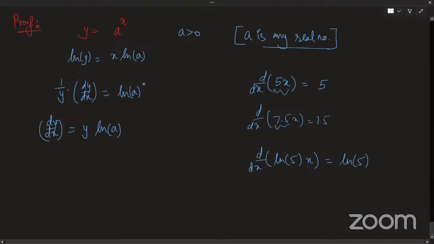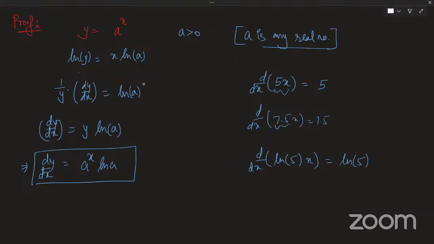So your y is basically a raised to x. So a raised to x into ln a. So now you have got the derivative of a raised to x. A is any constant. Fine. Everyone got it? Yes, sir.